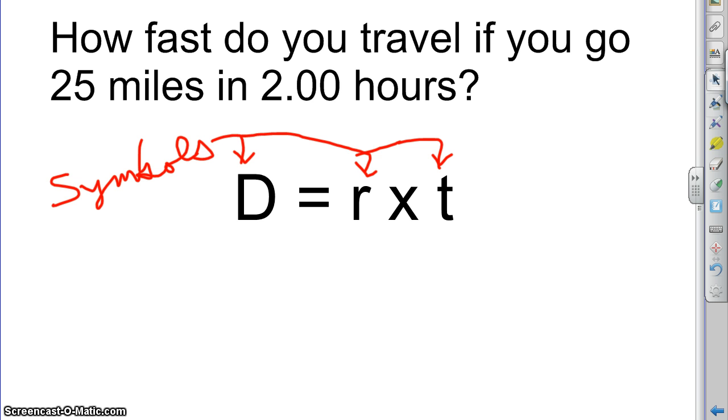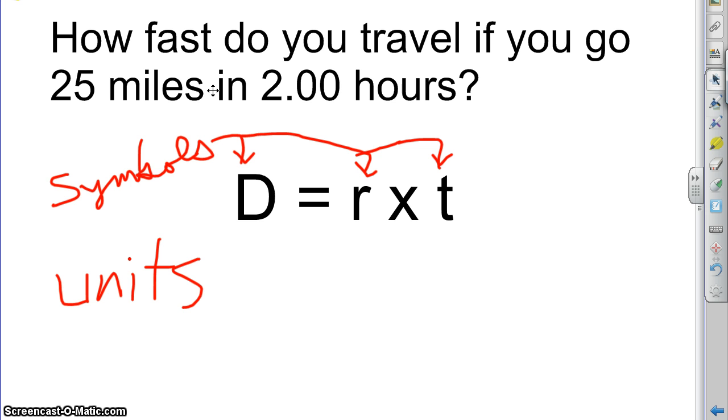That means distance equals rate times time, and d, r, and t are symbols. Now this is very confusing for people a lot of times. At first we talk about symbols versus units. The symbol here that we are using for distance is d, for rate or velocity is r, and for the time is t. But those are not the same thing as units. Our units are not d, r, and t.